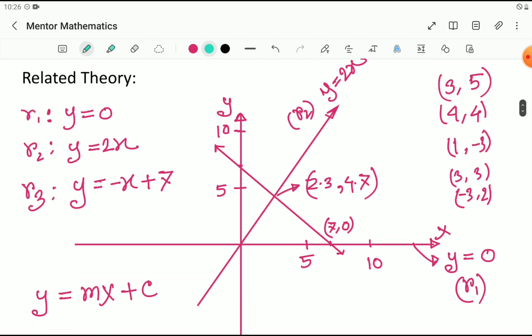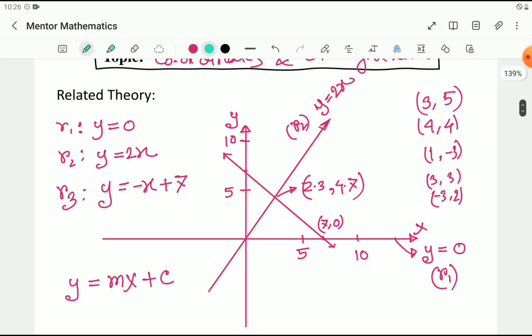For drawing this particular problem, you have to be very good at the coordinate system. So the three lines I wrote here: R1: y equal to 0, R2: y equal to 2x, and R3: y equal to minus x plus 7.